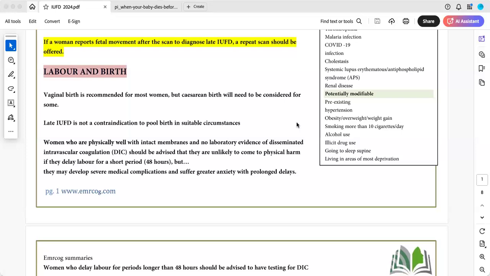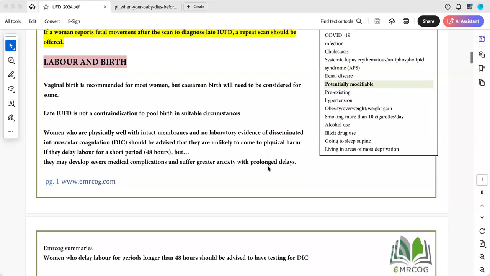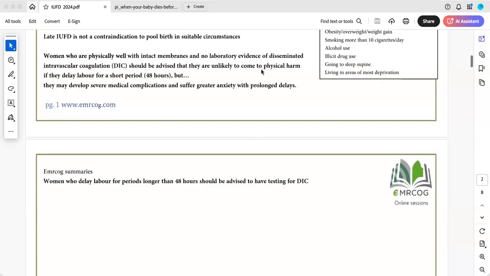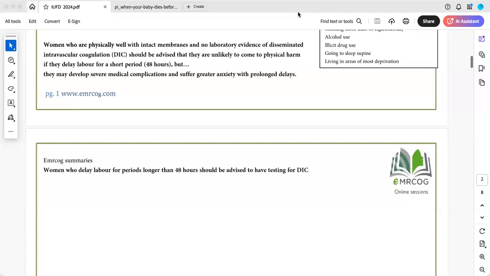However, women who are physically well with intact membranes and no laboratory evidence of disseminated intravascular coagulation, DIC, should be advised that they are unlikely to come to physical harm if they delay labor for a short period like 48 hours. But they may develop severe medical complications and suffer great anxiety with prolonged delay. If the woman delays labor for more than 48 hours, what precautions do we need to take?